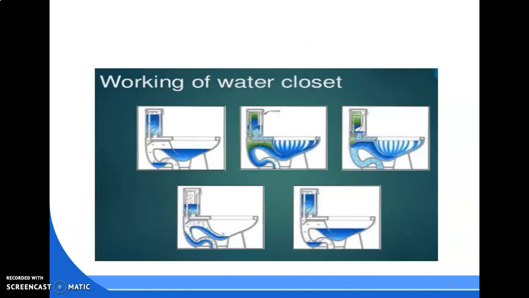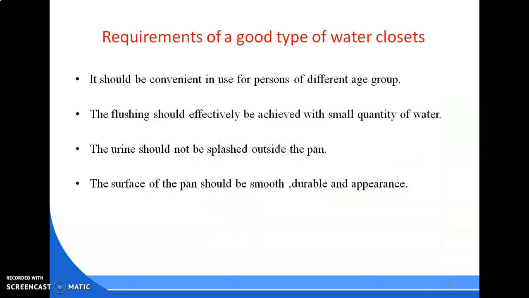This figure shows the working of a water closet, how it works. There are some requirements for a good type of water closet. Following are the requirements. First, it should be convenient in use for persons of different age groups. The flushing should effectively be achieved with a small quantity of water.